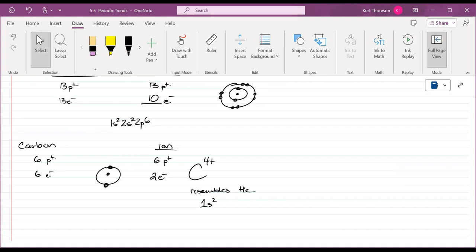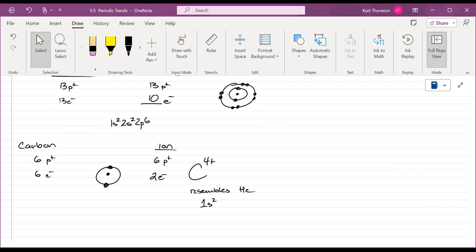Okay. How many electrons are lost when you go to the second column? How many electrons are lost when you get to the 13th column? Garrett? How many? 3.